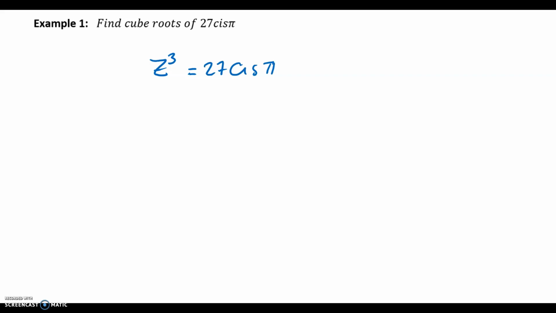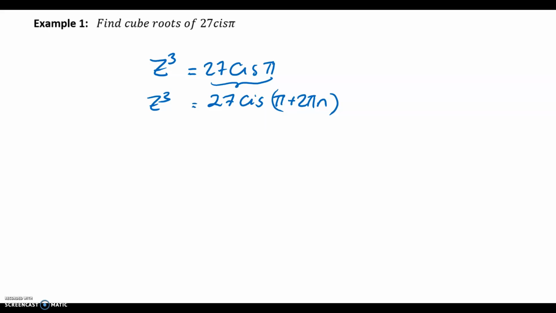Let's write this in a more general form. So it's 27 cis of pi plus 2 pi n, because we are in radian mode. So that's the equation we are trying to solve.